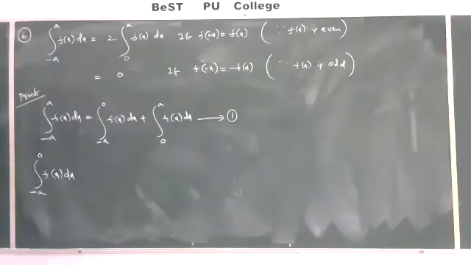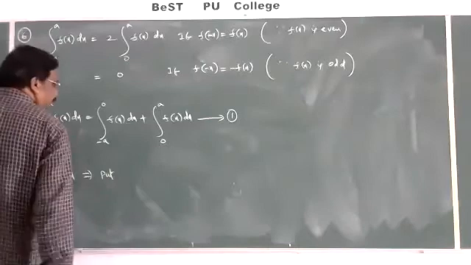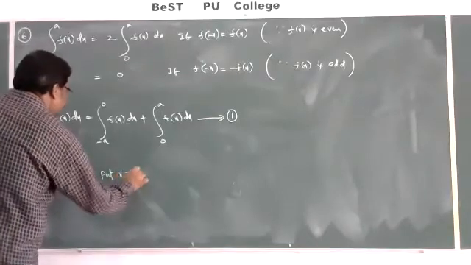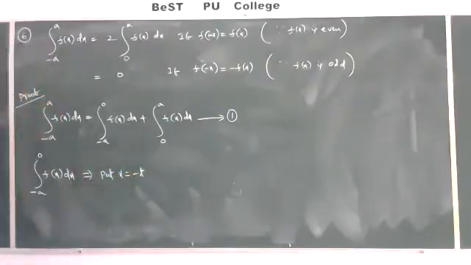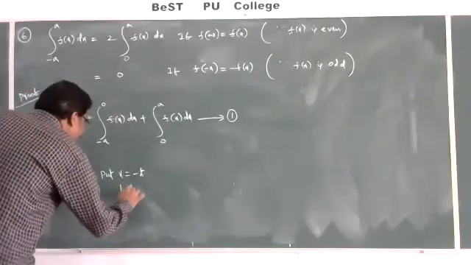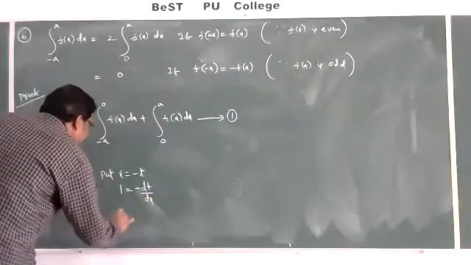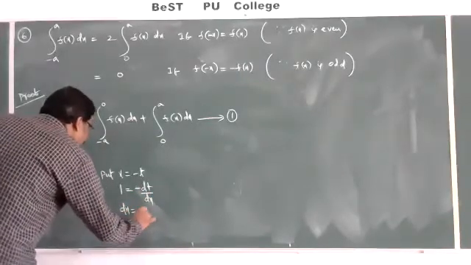Yes, substitution. Put x is equal to minus t. Differentiating both sides with respect to x, 1 is equal to minus dt by dx, that is dx is equal to minus dt.